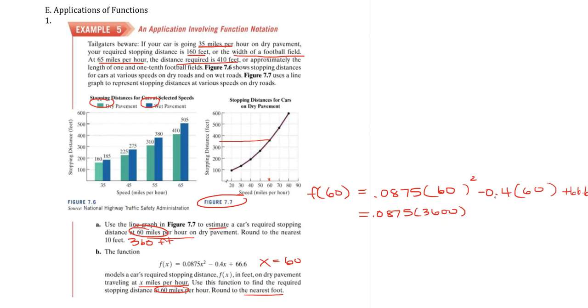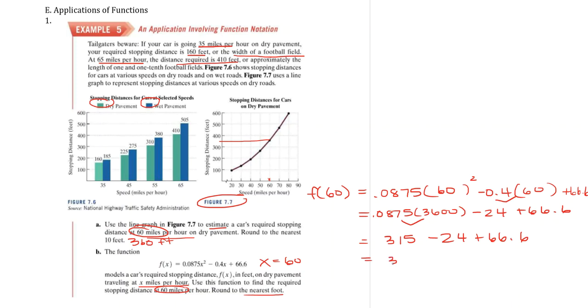And then negative 0.4 times 60 is equal to negative 24, and then I have plus 66.6. Next, I'm going to multiply 0.0875 times 3,600, that's 315. So I have 315 take away 24 plus 66.6.